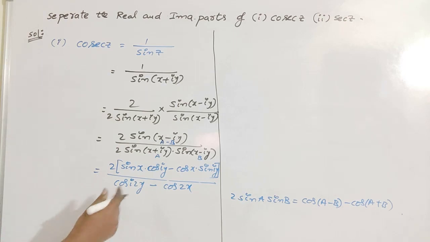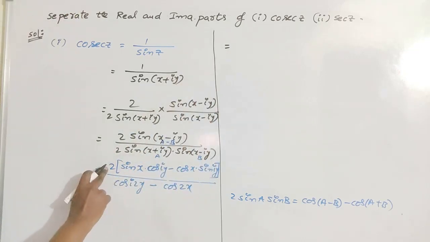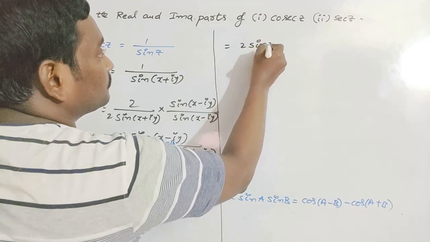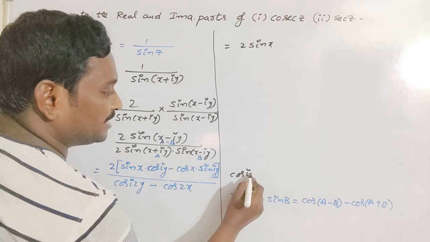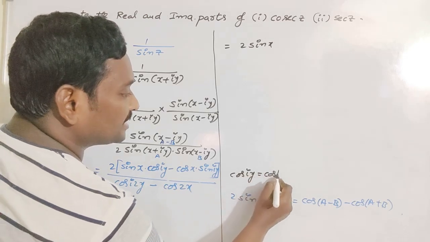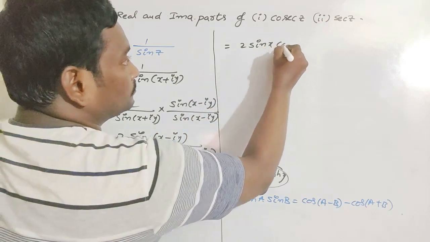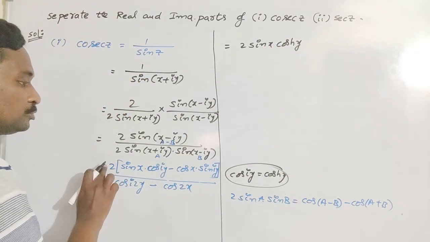Now I will write the numerator as 2 into, you can take this 2 inside, 2 sin x. How can we write cos iy? We can write cos iy as cos hy. Don't forget this relation. Cos hy minus, you can take this 2 inside.